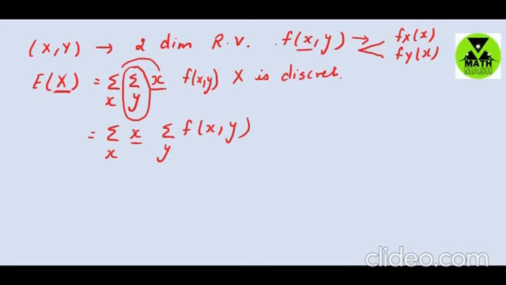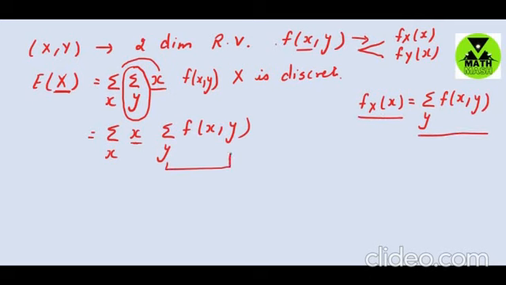Now we know what the marginal density of x is. Whenever we need to compute the marginal density of x using the joint probability mass function, this marginal density of x is the summation over y values of the joint probability mass function. So this summation over y of f of x, y is nothing but the marginal density of x. So we can write this as f x of x. So this becomes summation over x, this x multiplied by f x of x.